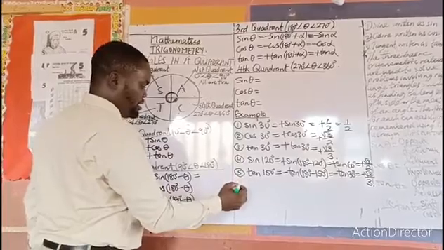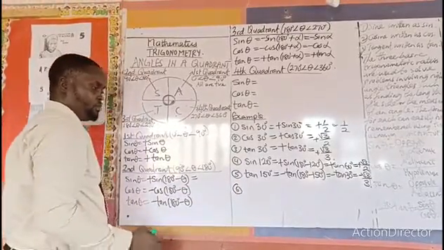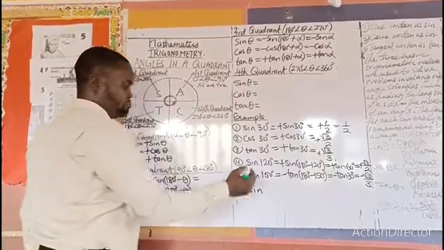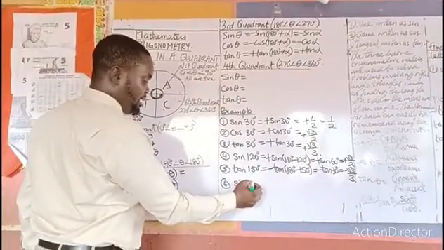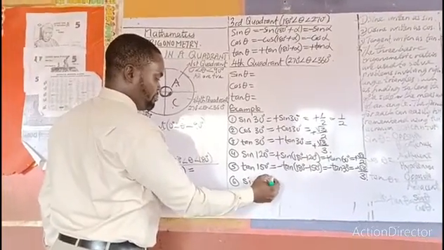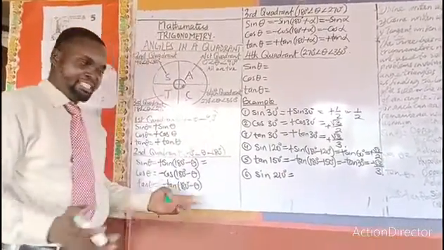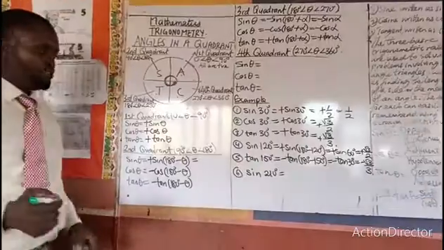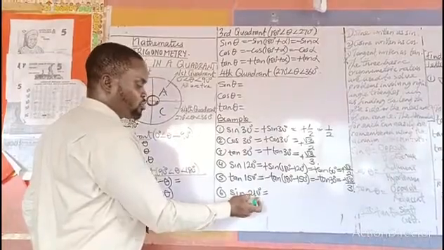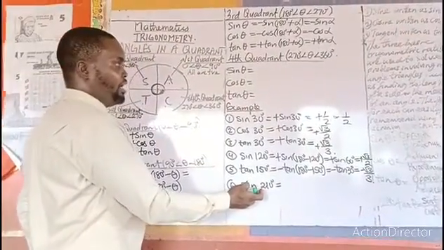It means if we are given sine 210 degrees. It's already more than 90 degrees. What quadrant does 210 fall in? Third.